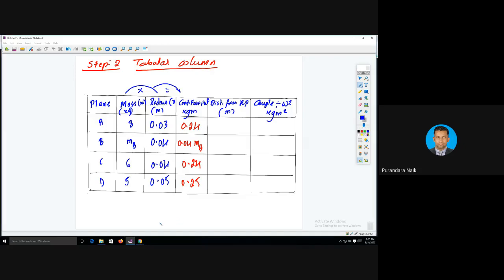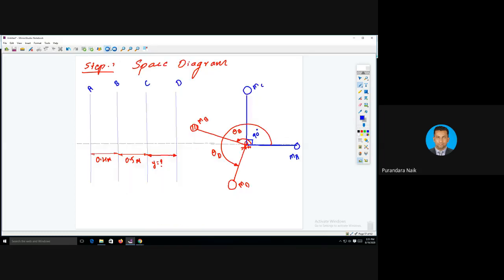So let us mark a point somewhere here, and you can draw 0.24 by taking a proper scale along 0 degree, A to B. After this, B, if you see the space diagram, we don't know the angle of B, that is theta B unknown. So theta B unknown means you cannot measure it and you cannot draw it.